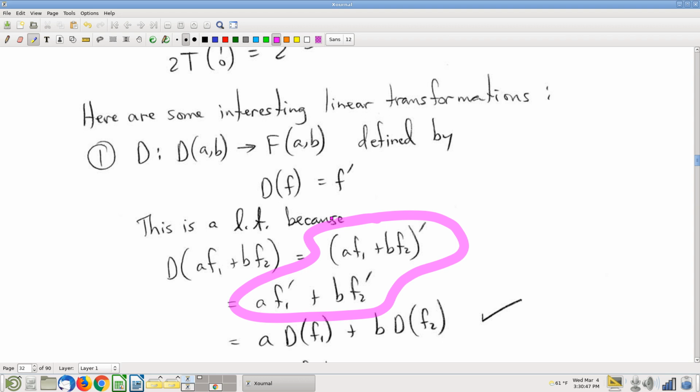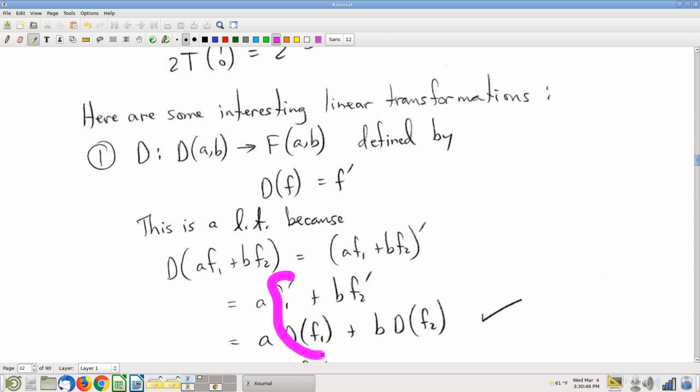And then last step, we notice that this is exactly the definition of D of f1, and this is exactly the definition of D of f2. So there we go. Proof done. Linear combination in, linear combination out. We have ourselves a linear transformation. Let me pause here for questions. Anybody have any questions?